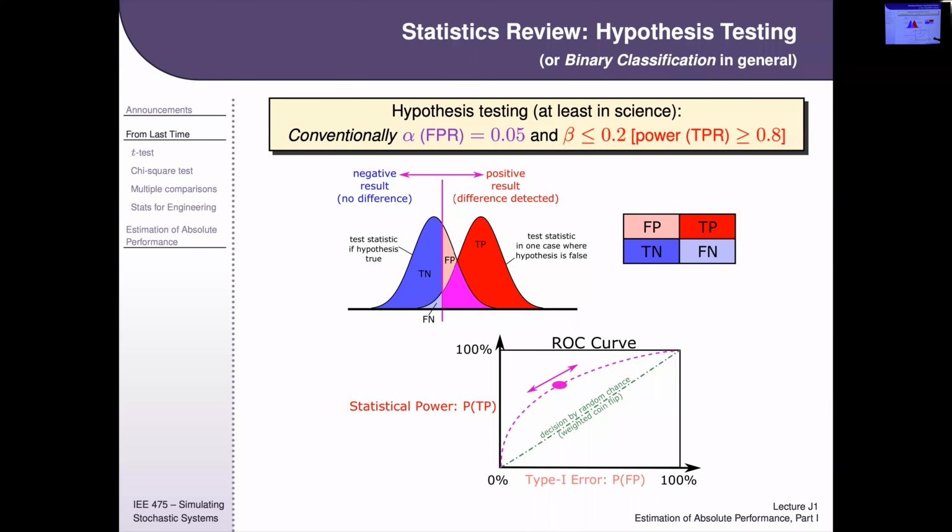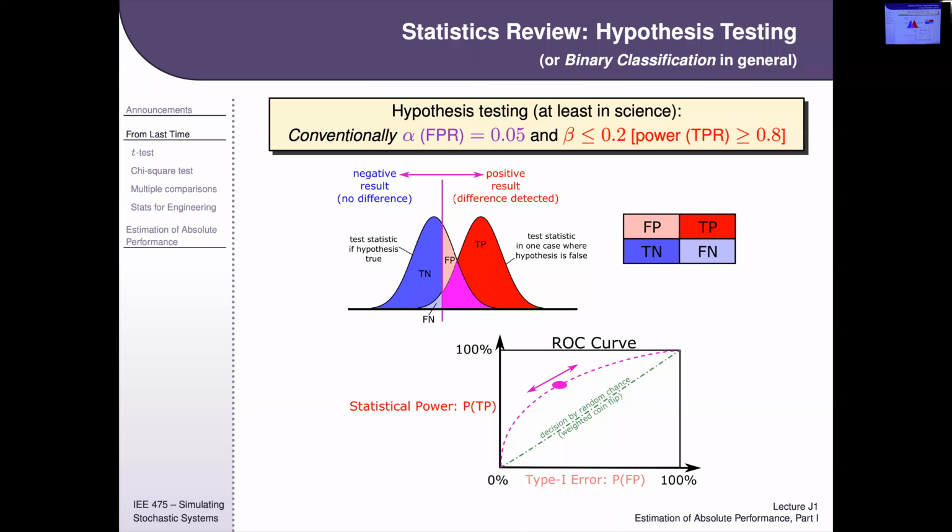Or you could say there's a natural trade-off between type 1 error and type 2 error. If you increase type 1 error, you will decrease type 2 error, and vice versa. Or another way to view it is if you decrease type 1 error, you are going to decrease your statistical power.